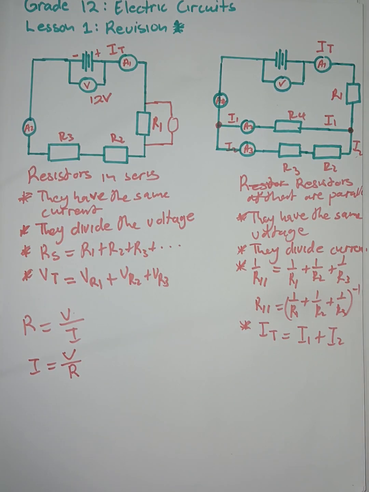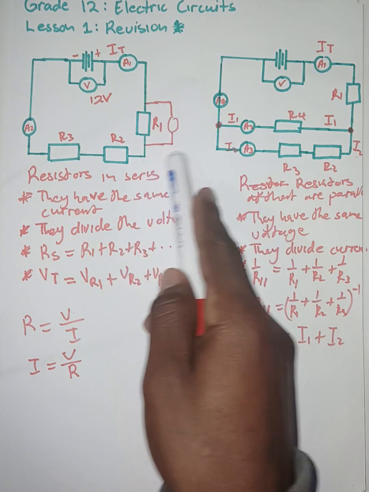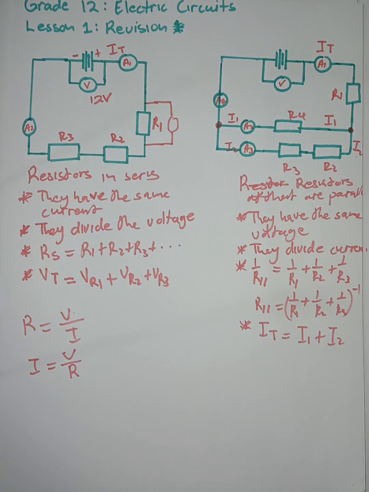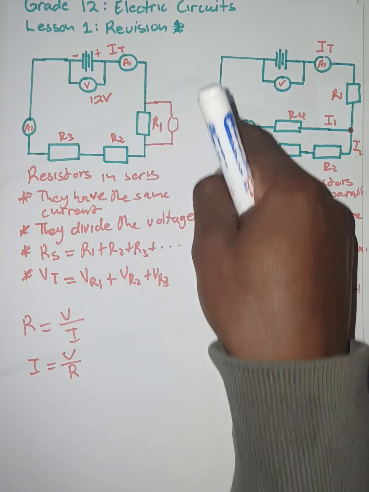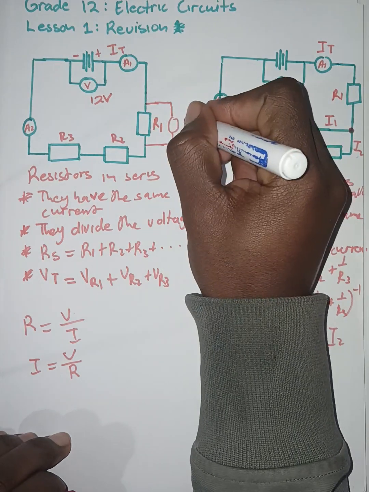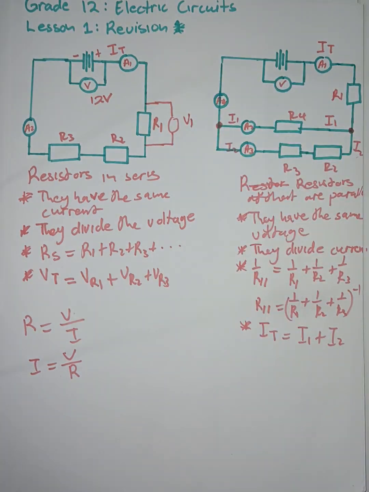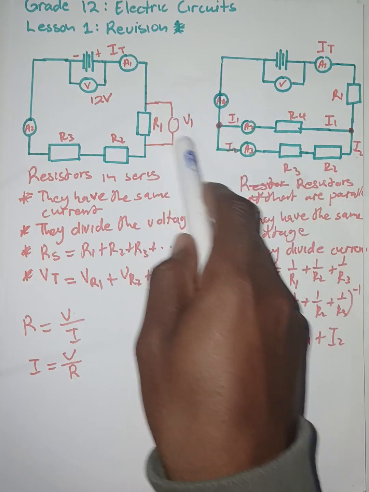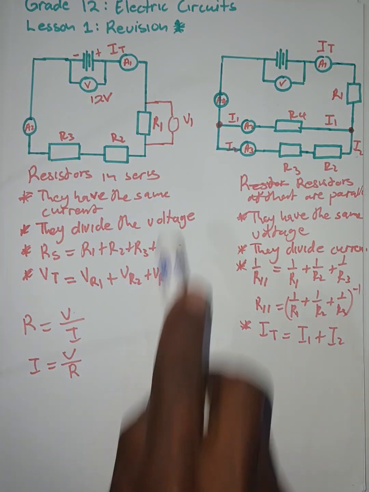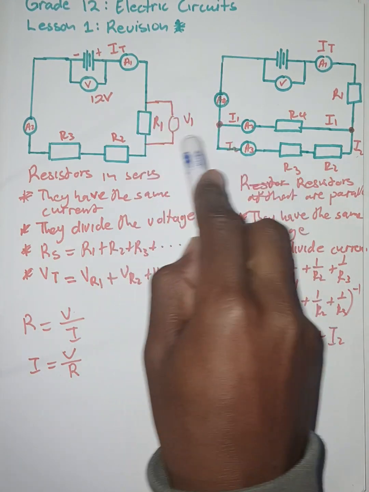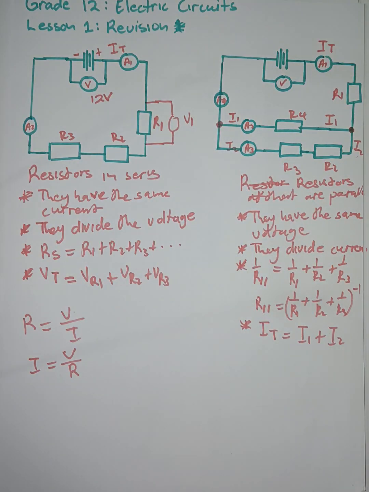One thing that you must notice is that whenever you choose to use a certain voltage, you must always use it with its corresponding resistance. So if you choose to use V1, let's say I'm going to call that V1, the voltage across that resistance, you must always use that resistor, because that voltmeter would be reading the voltage across R1.